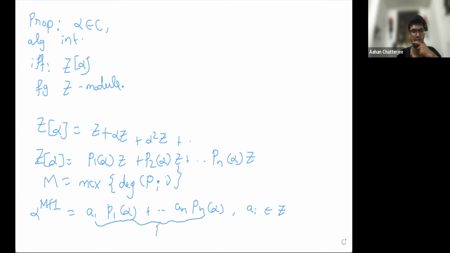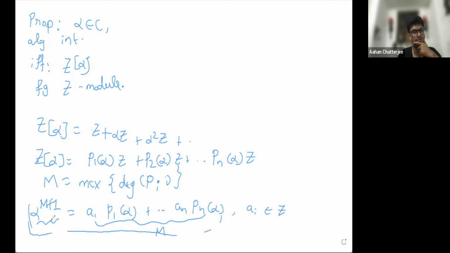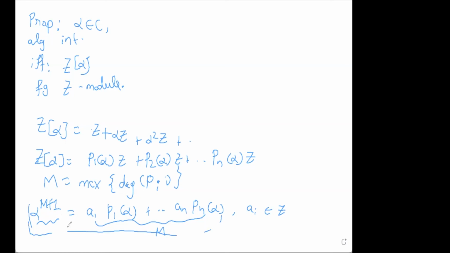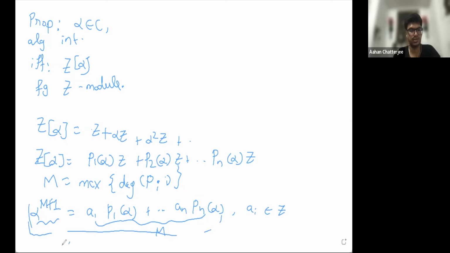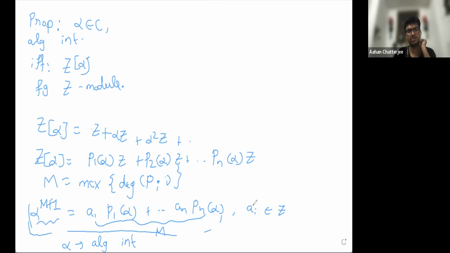But the maximum degree here is N by definition, and so this term doesn't get cancelled out. And so I've obtained a monic polynomial of which alpha is a root. This means that alpha is an algebraic integer. Okay, so this is fine.